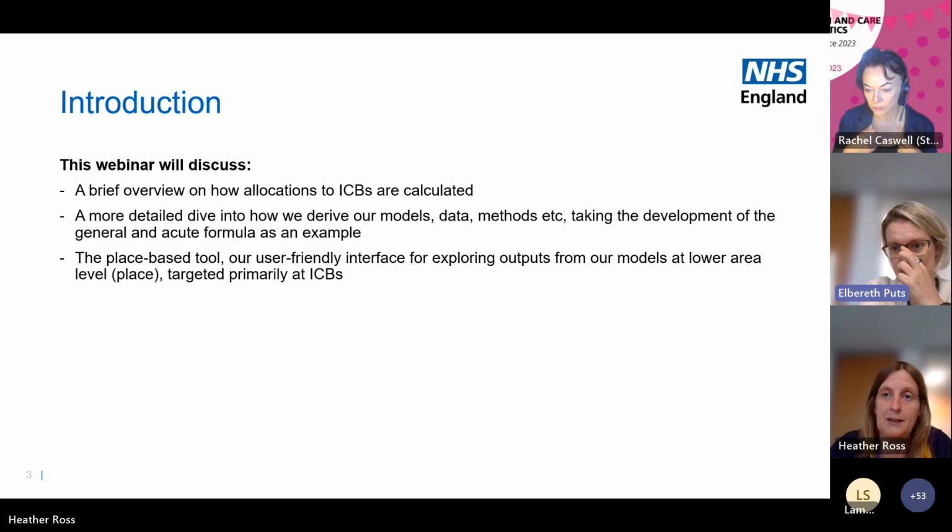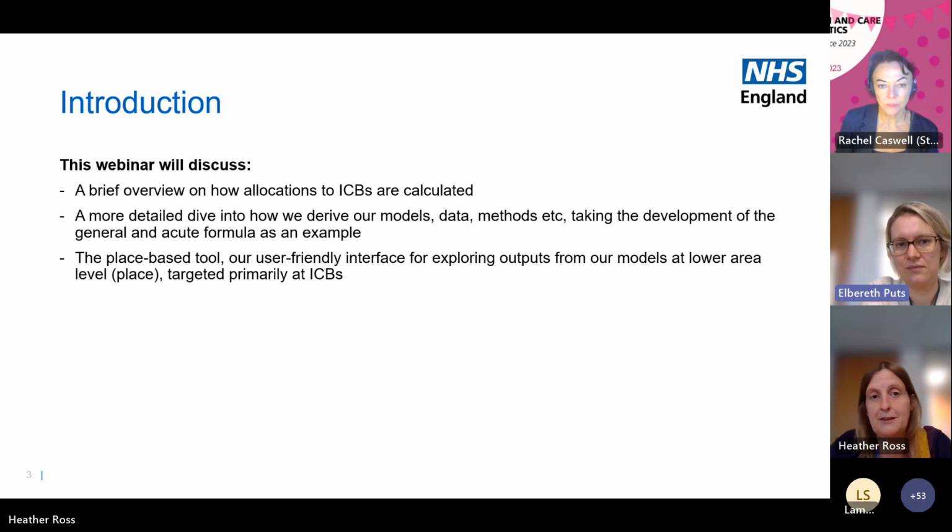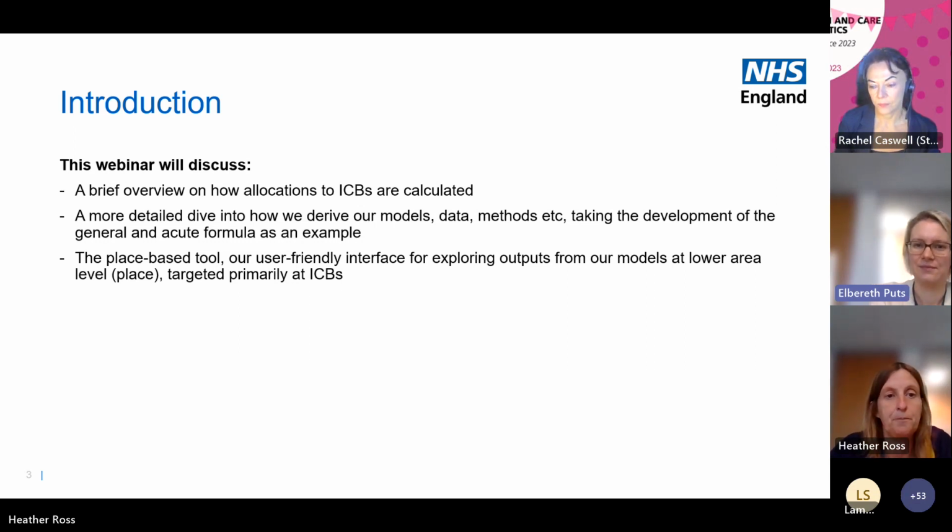Then Daniel Sutcliffe in my team is going to give a more detailed dive into how we develop particular models that sit within the suite of allocation models, using the development of the General Acute formula as an example. And then Elbreth is going to introduce and give a demo of the place-based tool.